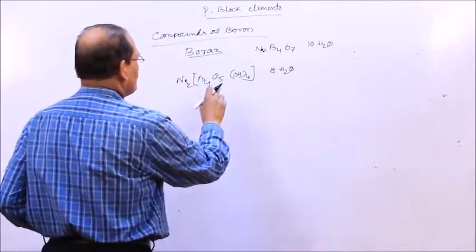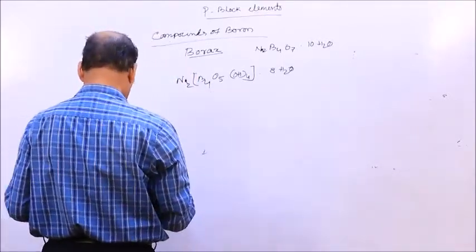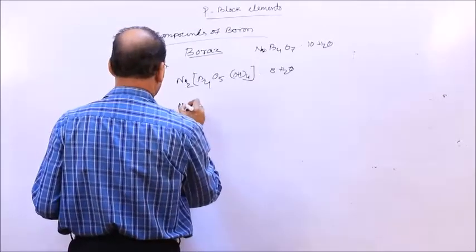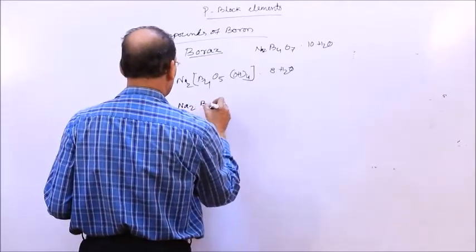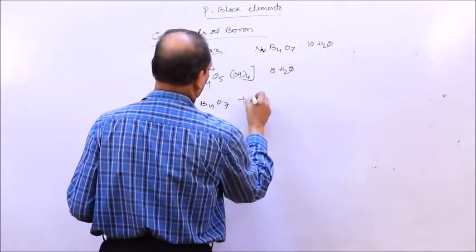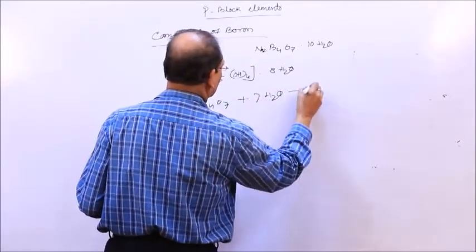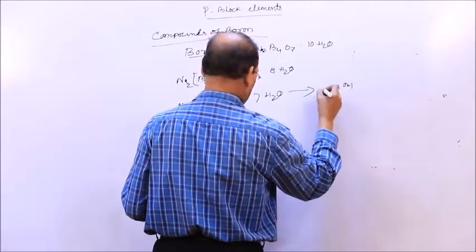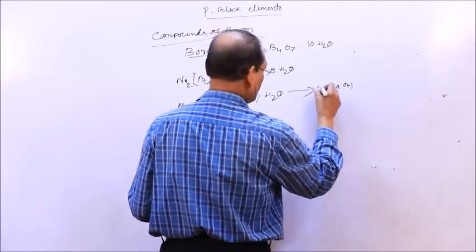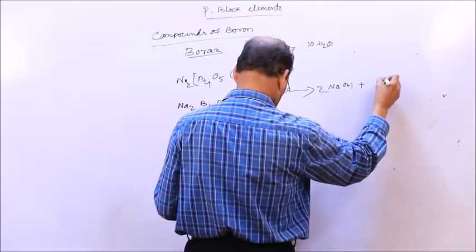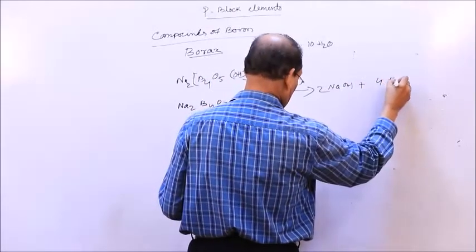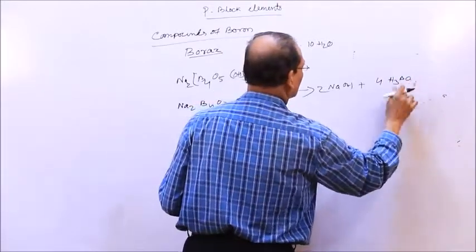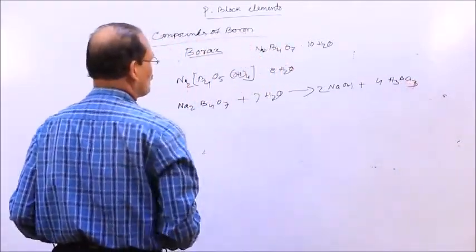It dissolves in water, forming an alkaline solution: Na2B4O7 with water forms sodium hydroxide and orthoboric acid, H3BO3.